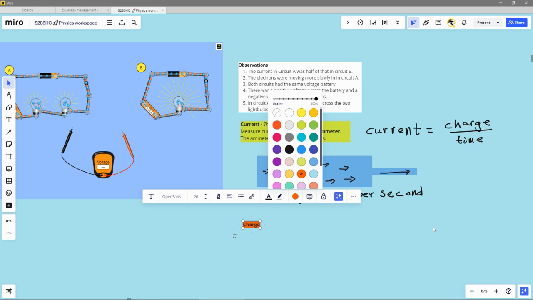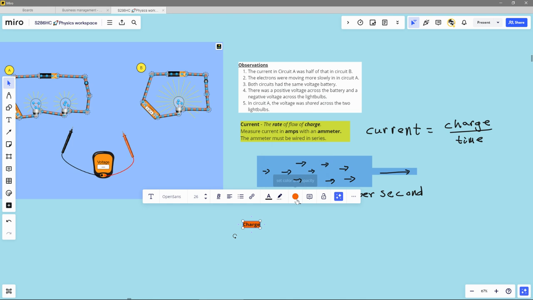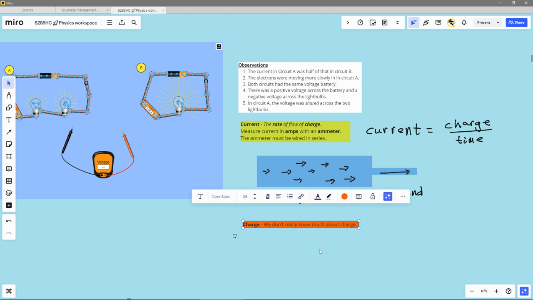There's not much to say about charge actually, other than we don't really know much about it.